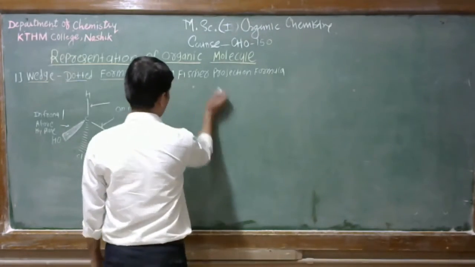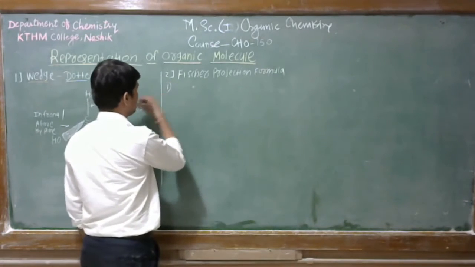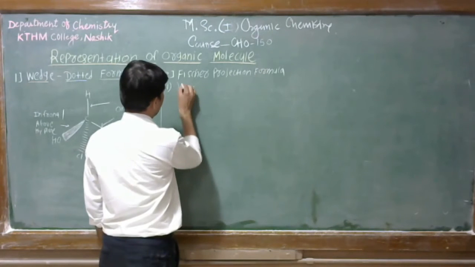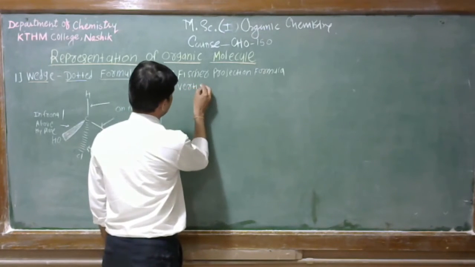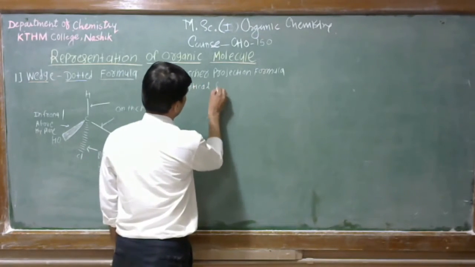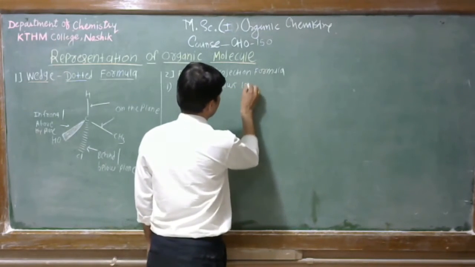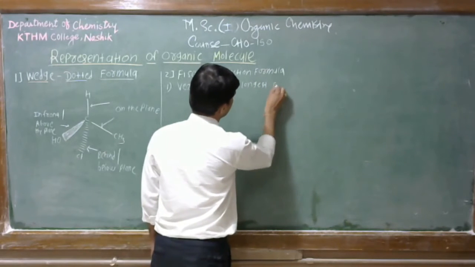So here are some points that we have to remember. First, there is a vertical line. Firstly, we have to draw the vertical line. The vertical line shows the longest chain in that organic compound.